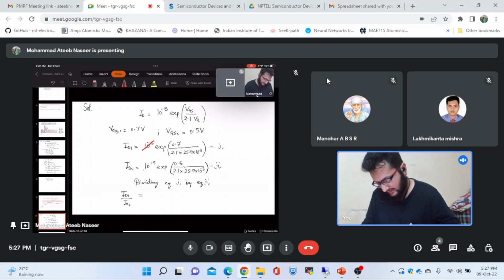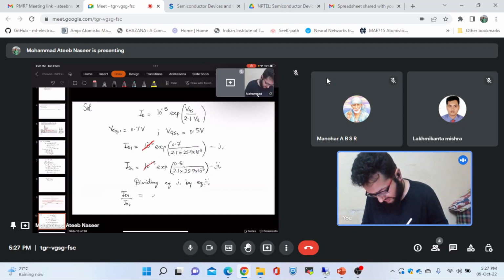This and this will go, and we will simply be left with exponential of 0.7 minus 0.5 divided by 2.1 into 25.9 into 10 to the power of minus 3.